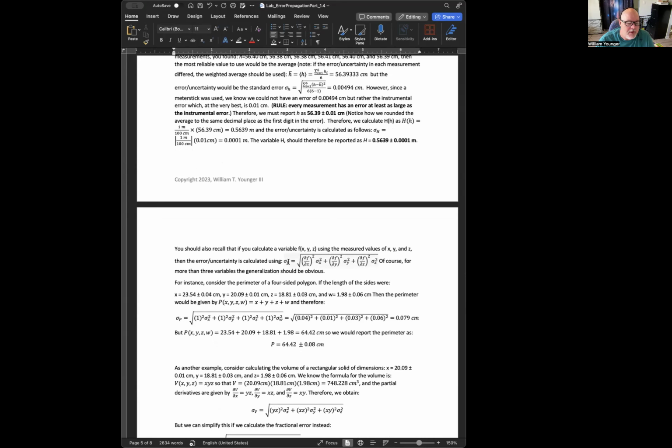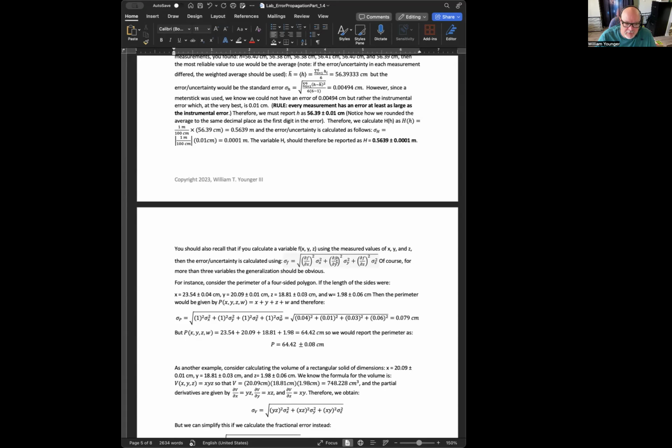So it turns out for a function f of x, y, and z, meaning a function of three variables, the uncertainty you get out from using that function is the uncertainty in f. And the uncertainty in f is given by the square root of the sum of the squares of: you take the partial derivative of f with respect to x, you square that, and multiply it by the uncertainty in x squared.